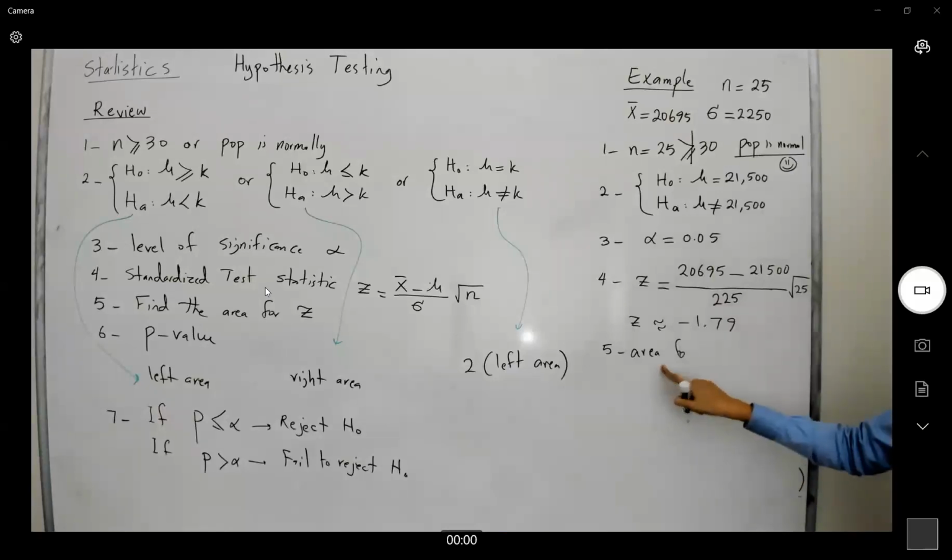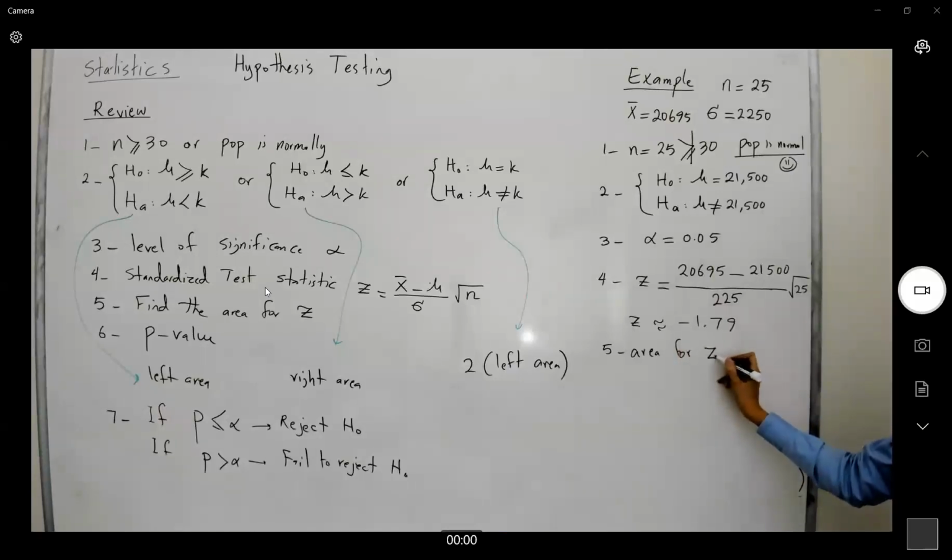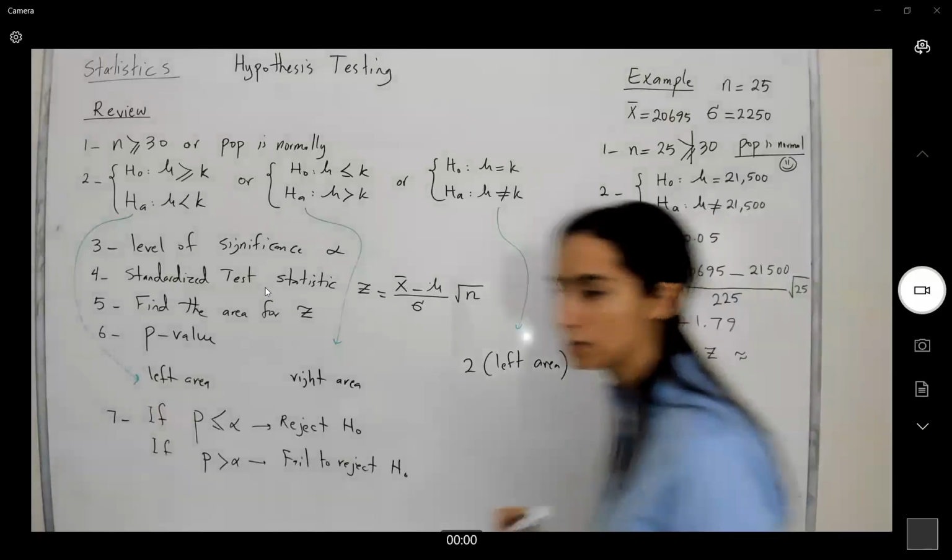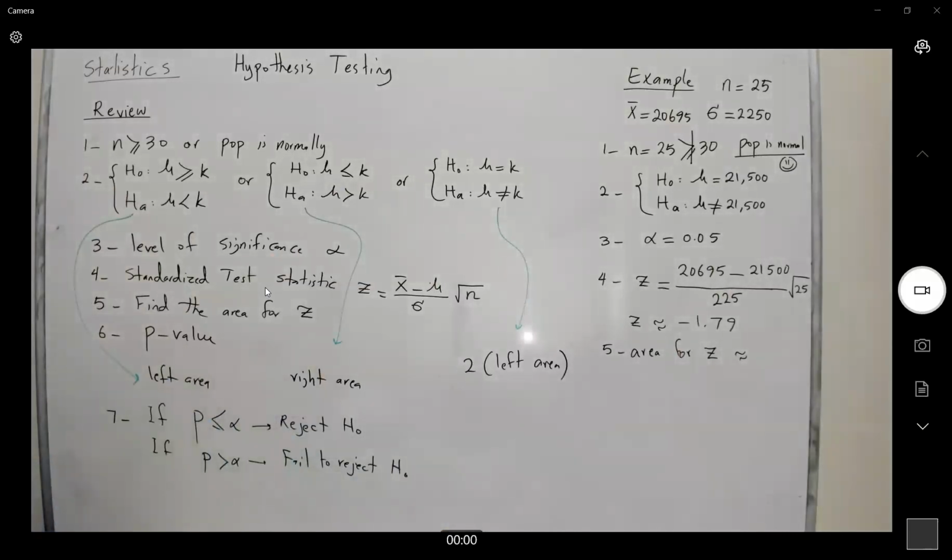So z is approximately negative 1.79. What is the area to the left side of z?